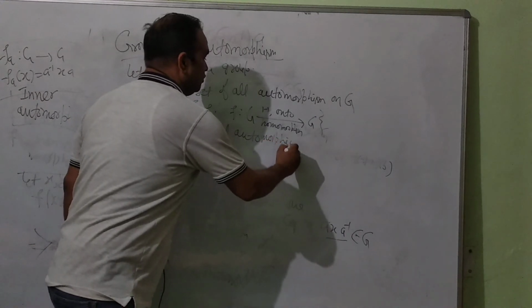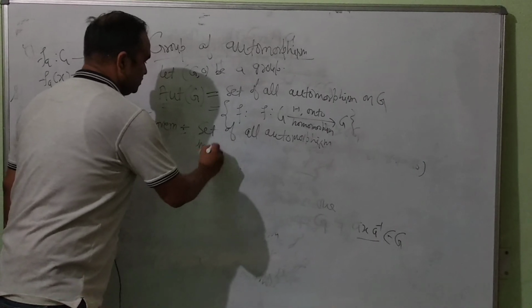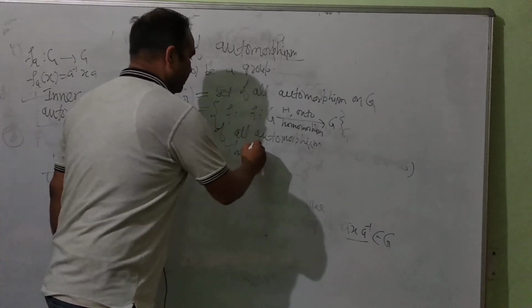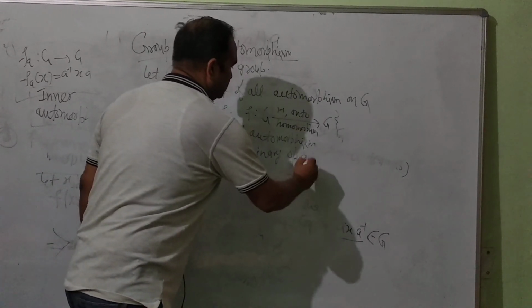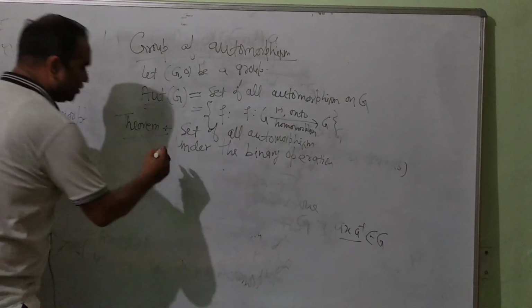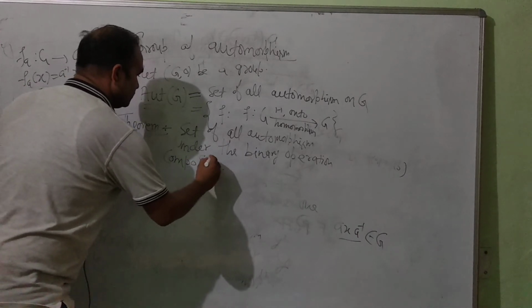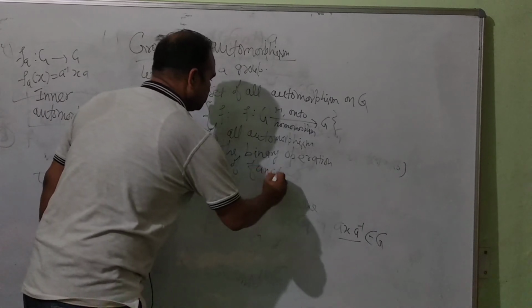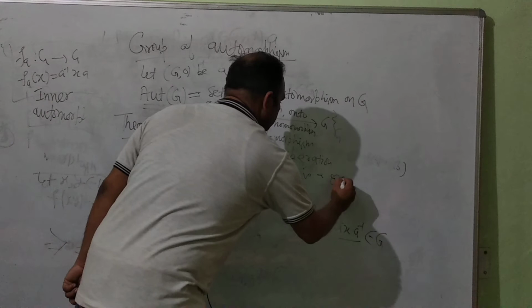The set of all automorphisms under the binary operation, composition of functions, is a group, right?